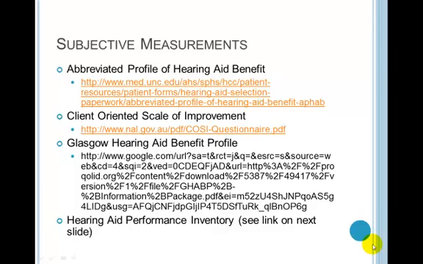Okay, so let's briefly go over some of these, and they're all covering the same topic. The first one, the Abbreviated Profile of Hearing Aid Benefit, is a questionnaire that allows the patient to estimate the proportion of time that certain situations present communication difficulties with and without hearing aid use.